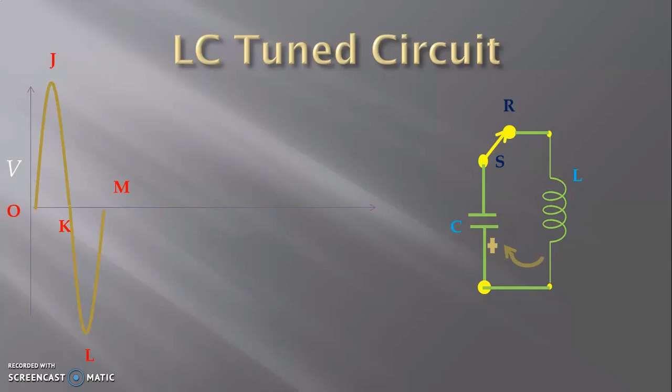This process remains continuous, and then we have sinusoidal oscillations in the output voltage waveform. The desired frequency, that is the resonance frequency, can be achieved by appropriate selection of the values of L and C.